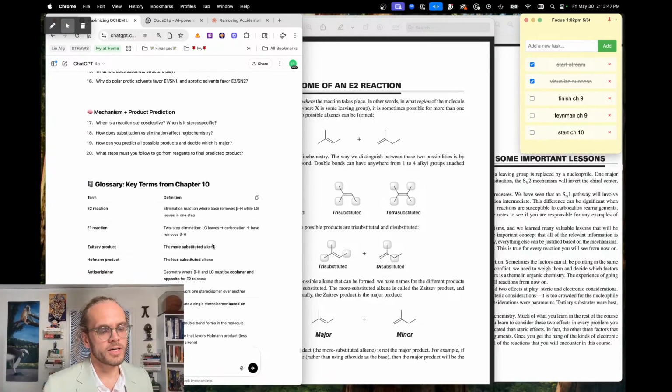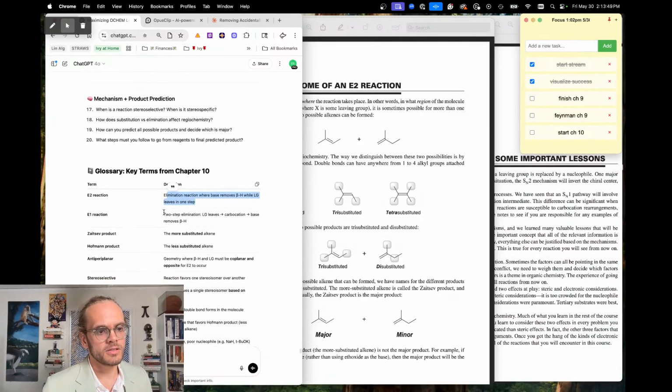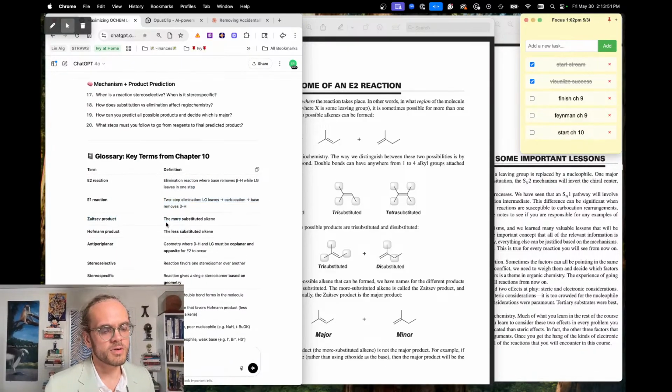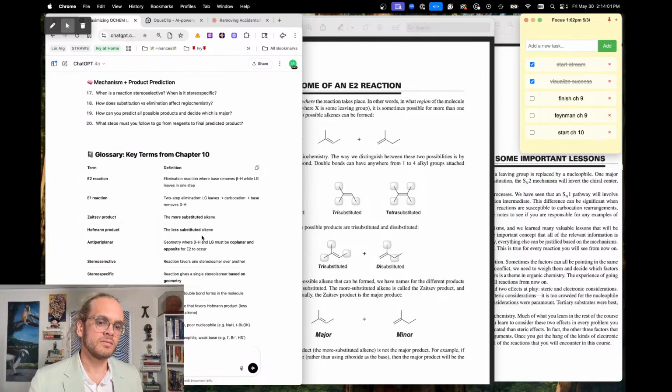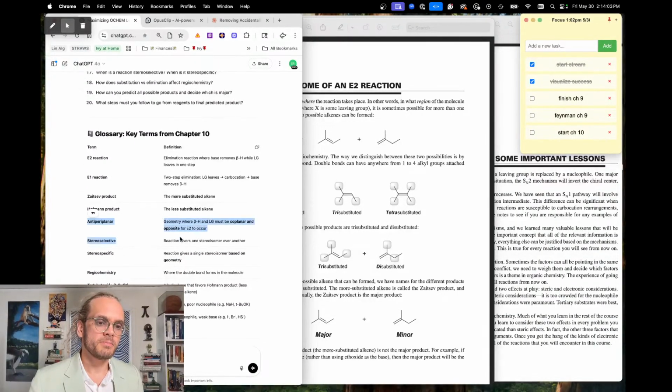20 questions, okay. E2 reaction, elimination. E1, two-step elimination. The Zaitsev product, the more substituted alkene. The Hoffman product is the less substituted alkene. Alkane, alkene, alkyne. Okay. Anti-periplanar is the geometry where the beta proton and the leaving group must be coplanar and opposite for E2 to occur.